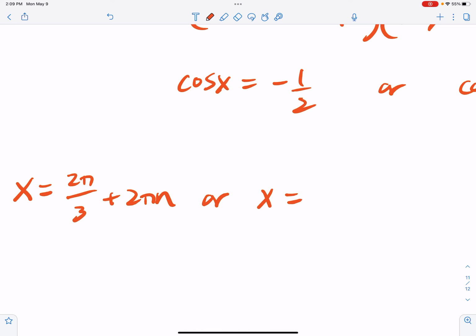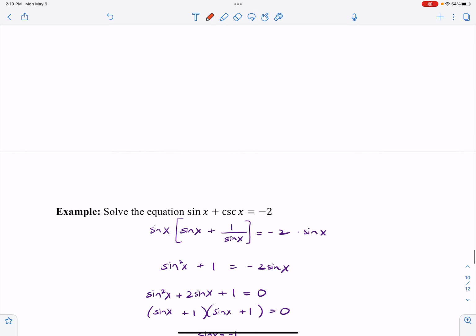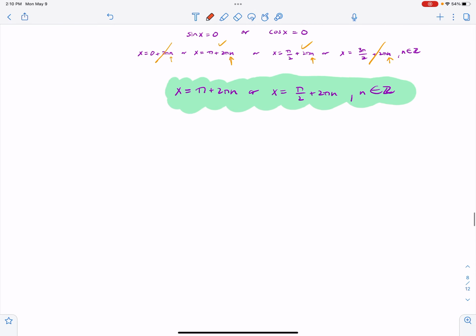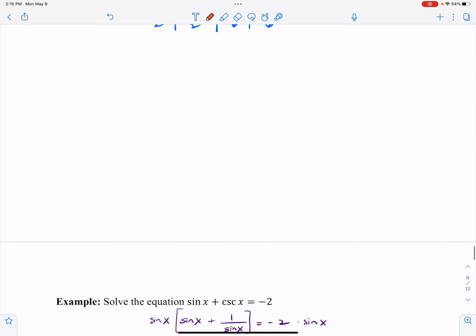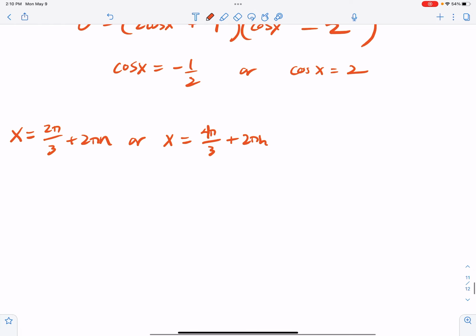And then also in quadrant 3, that would be 5 pi over 3. Oh, wait. 4 pi over 3. Sorry, 4 pi over 3. Just making sure I didn't make a mistake somewhere else. Okay, and we can say where n is an element of the integers.